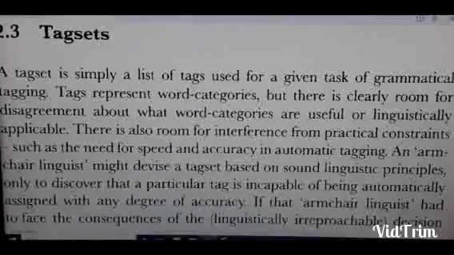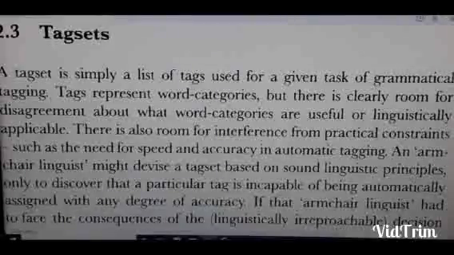There is also room for interference from practical constraints, such as the need for speed and accuracy in automatic tagging. An armchair linguist might devise a tag set based on sound linguistic principles, only to discover that a particular tag is incapable of being automatically assigned with any degree of accuracy.